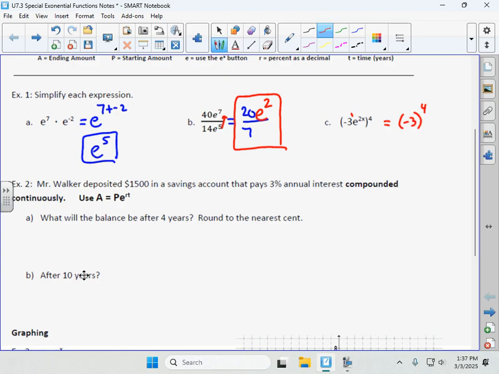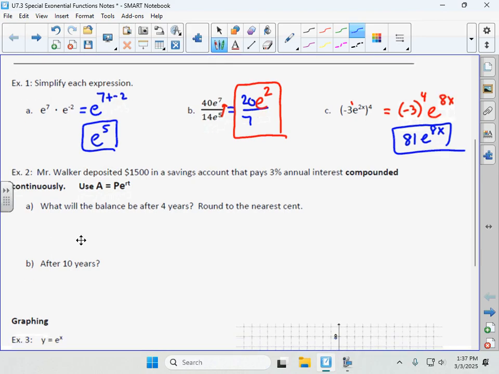So 1 times 4 is 4, and 2x times 4 is 8x. Negative 3 to the 4th, you can put in the calculator if you need to, but that's going to be positive 81, and then e to the 8x. We want to use parentheses because negative 3 is in parentheses, so when we raise it to the 4th power, negative 3 still needs to be in parentheses.